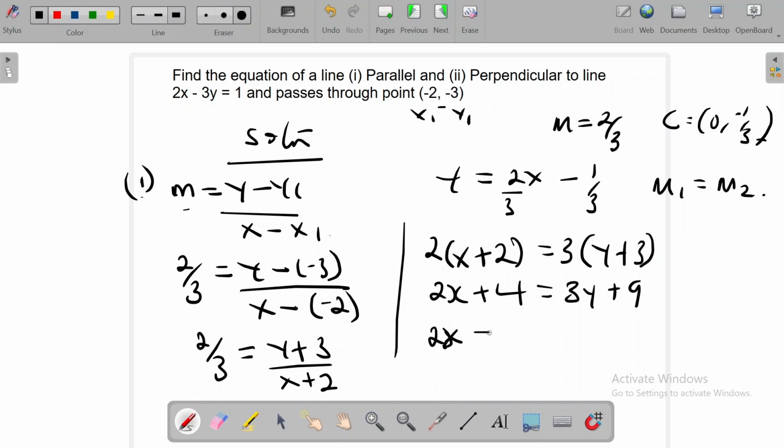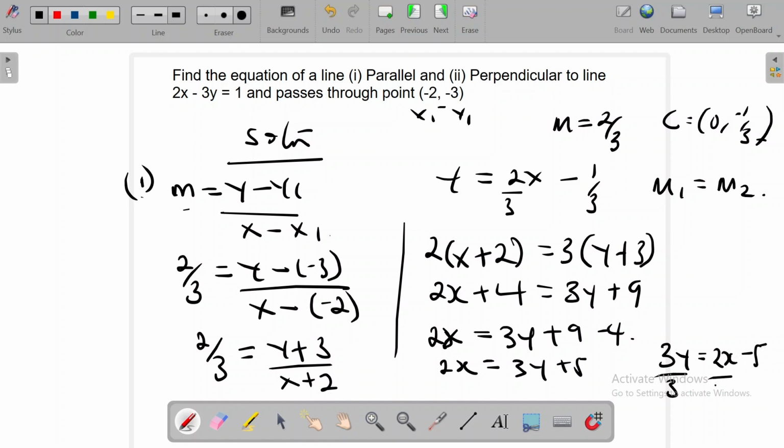2 times y plus 3, 3 times x plus 2, to give you 2x plus 4, 3y plus 9. 2x is equal to 3y plus 9 minus 4. So I end up with what? 2x is equal to 3y plus 5. So you end up with 3y is equal to 2x minus 5, over 3, over 3.